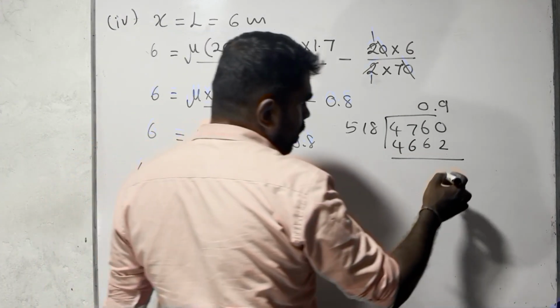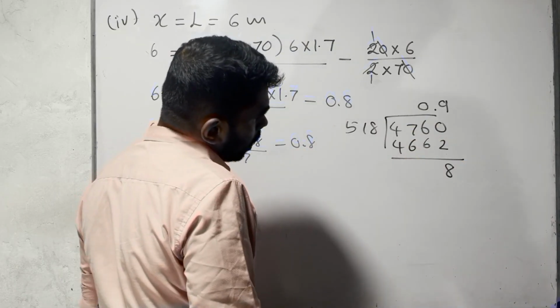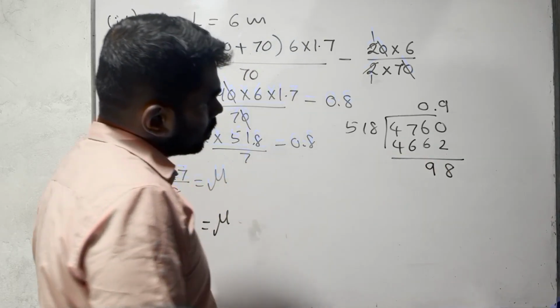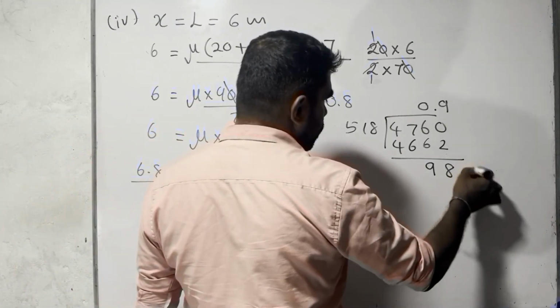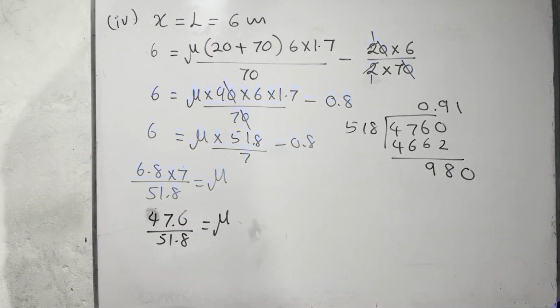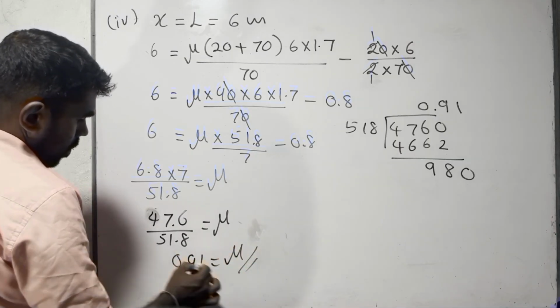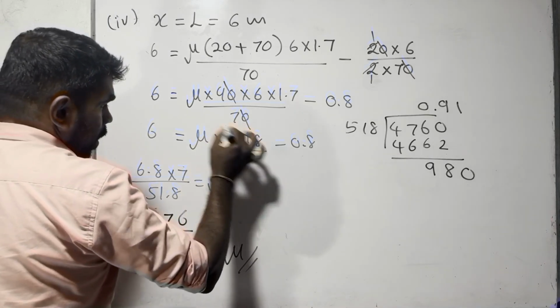Then minus 2.8. 15 minus 6.9. 9.8 remaining. It is approximately 0.91. Now the answer of this one should be 91.8.